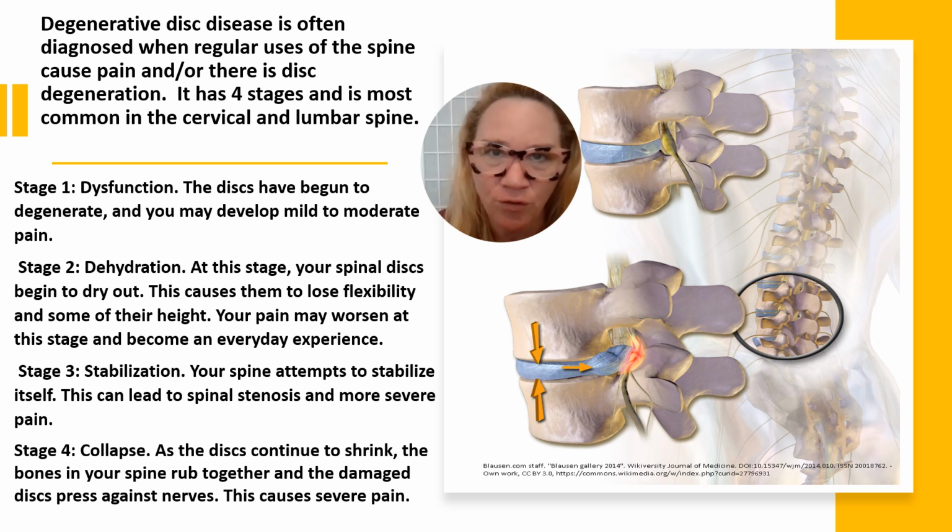And in stage 4, the final phase of degenerative disc disease, you have collapsing of the disc. The discs continue to shrink, and the bones in your spine actually start rubbing together. Not only can that press against the nerves and cause compression and stenosis, it can also develop into arthritic conditions, and we can start to grow bone spurs due to stage 4 as well. It can be quite painful.